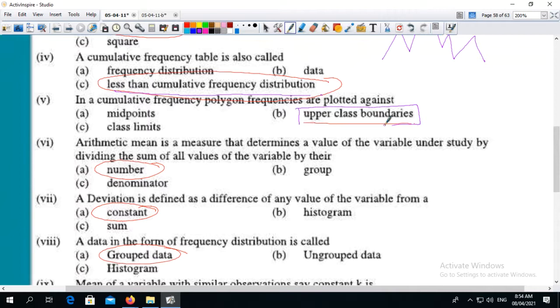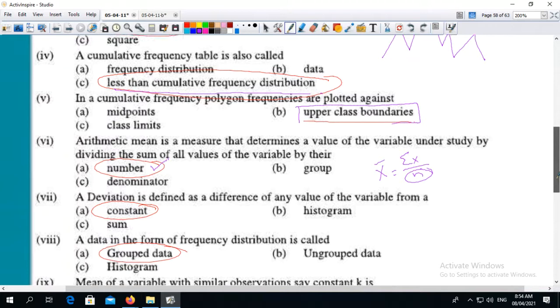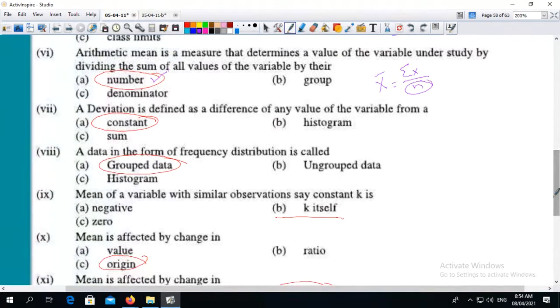Arithmetic mean is a measure that determines a value of the variable under study by dividing the sum of all values of the variables by their number. Summation x by n, x bar. n means the number of elements. So the answer is A.